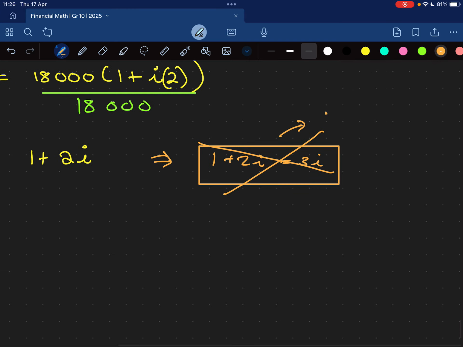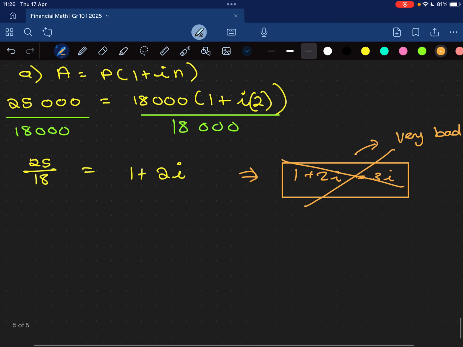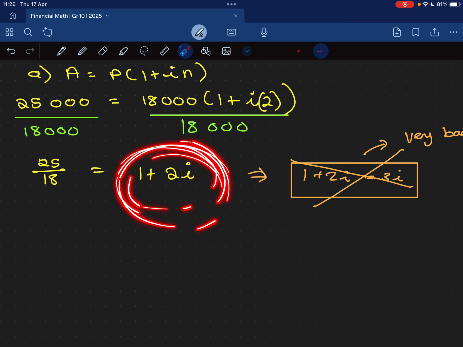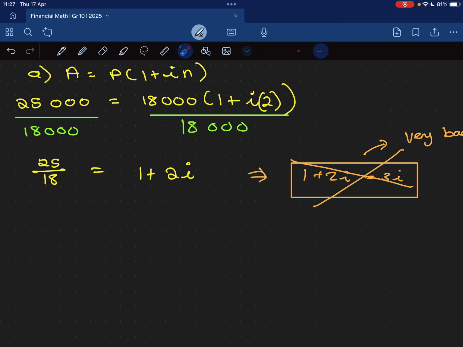And for those of you that already know that that's not what you're supposed to do, the reason is because these are not like terms. This is still a variable. So it's like saying 1 plus 2x is 3x. That's wrong. We'd never do that. We say x plus 2x is 3x. So please be careful of like terms. This is not like terms, so you do not add them at all.